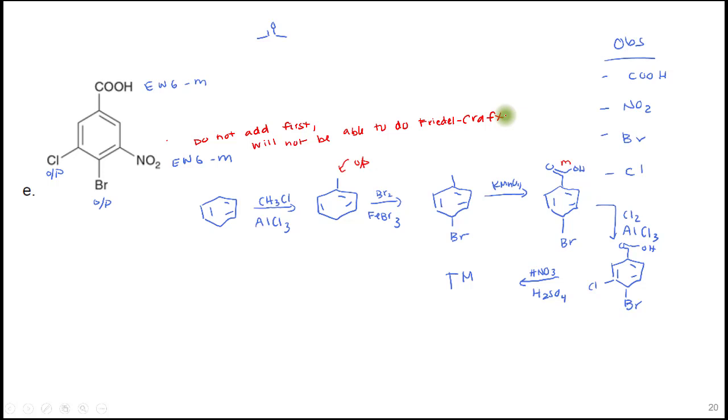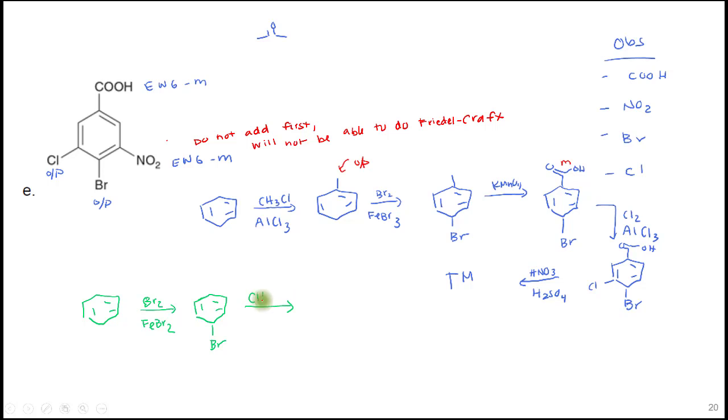Okay, so another thing that you could have done is actually you could add the bromine first. That one is also an ortho para director, and because it's the only one on the bus, that one will drive.